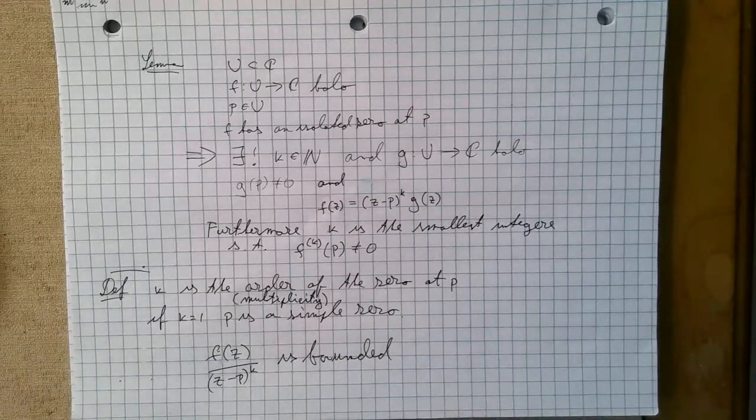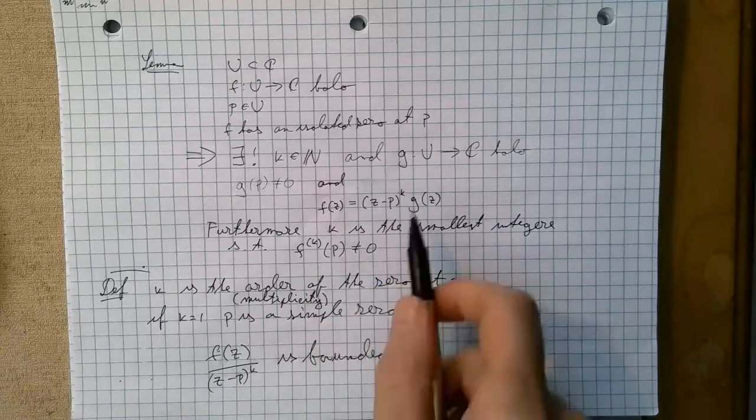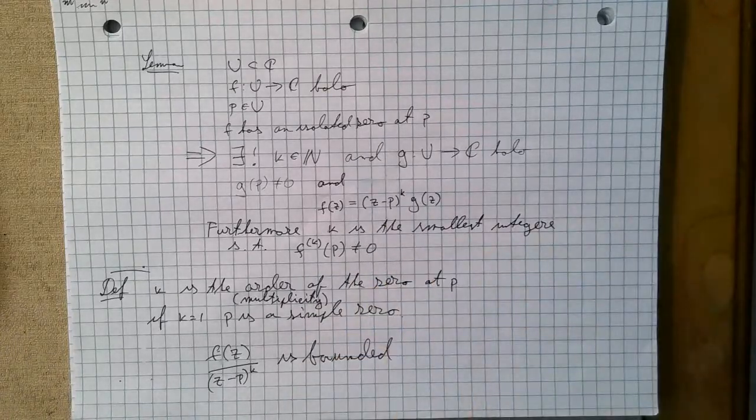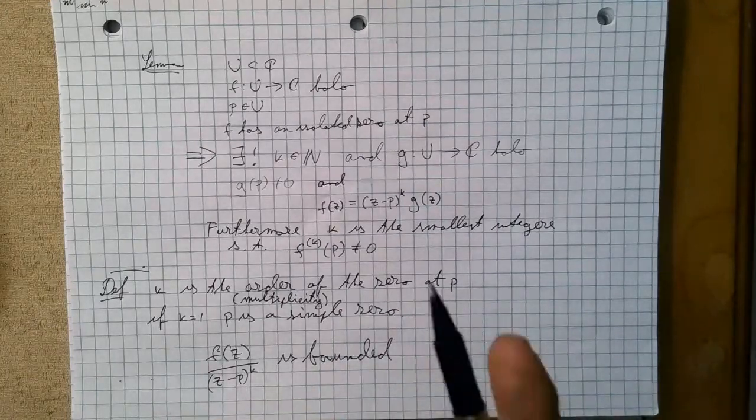The only way to get an infinite order 0 means that this would be bounded for all k, or that you could factor out an arbitrarily large power. The only way for that to happen is for the function to be identically 0, right? This is not true for real functions. A real smooth function could have an isolated 0 of infinite order.